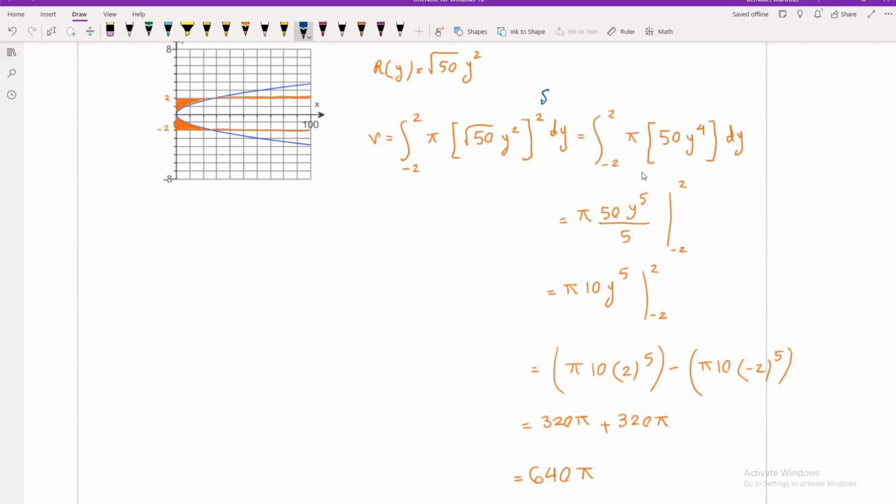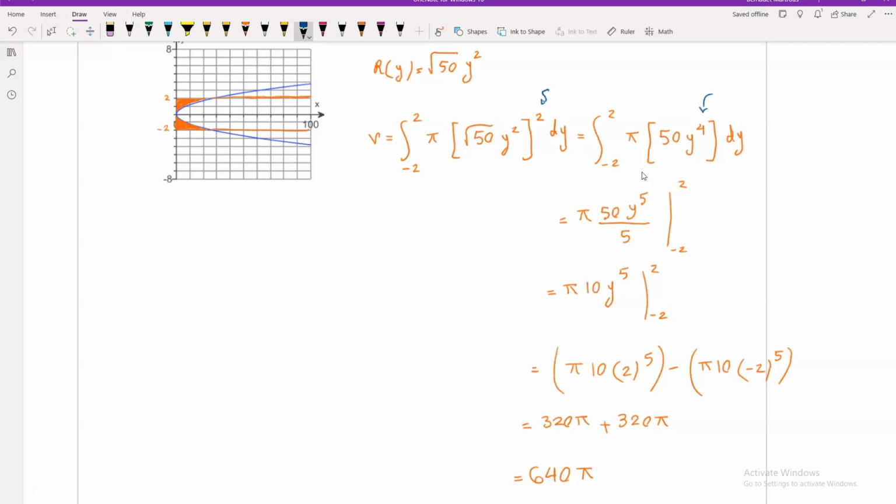So I have square root of 50 to the 2nd power, y squared to the 2nd power, that is equal to 50 y to the 4th power times dy, and that is equal to pi times 50 times, 4 plus 1 is 5, divided by 5 to find the integral, from -2 to +2. So first I simplify, 50 divided by 5 is 10.